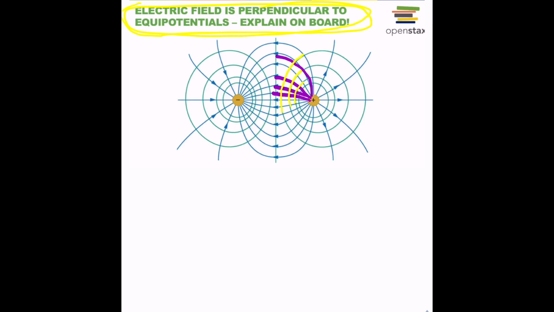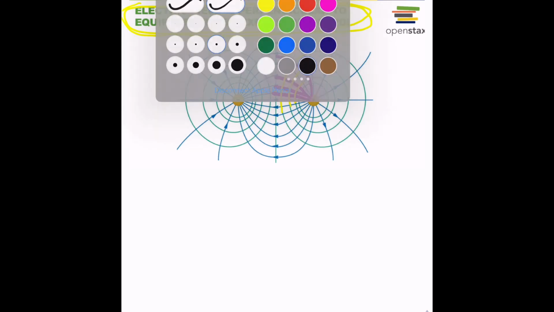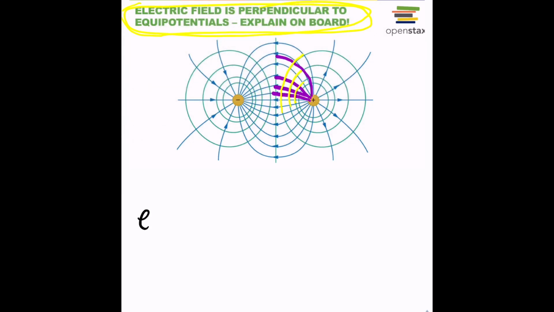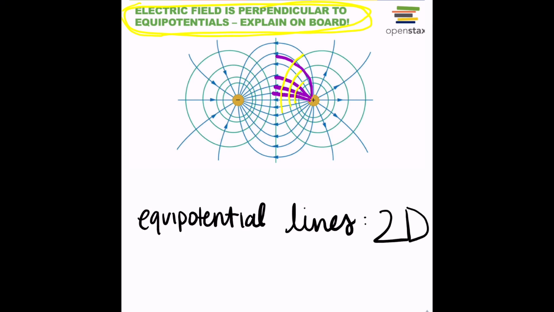There's one more term that I want to teach you. We've been talking about equipotential lines. When we're talking of equipotential lines, that is referring to two dimensions. Just like these images I've been showing you, they're flat, we can draw the lines.